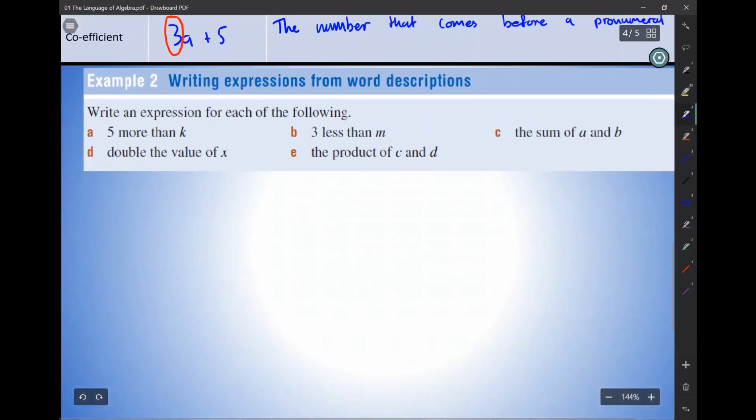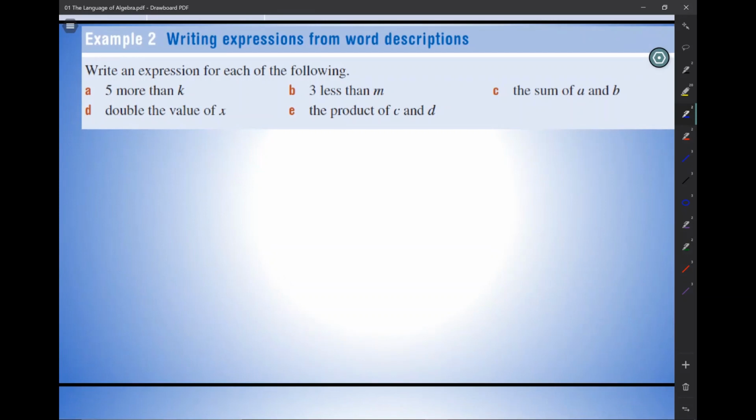One other important thing we need to learn how to do is to take an expression that's written out in words and turn it into numbers and symbols. So let's look at this first one, 5 more than k. More than, or some that we'll see later, are words that mean to add.